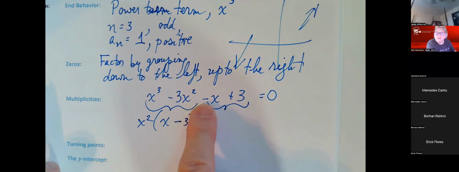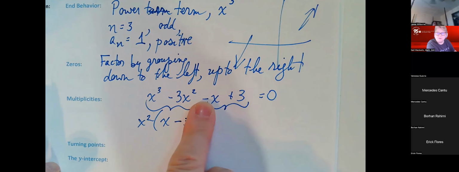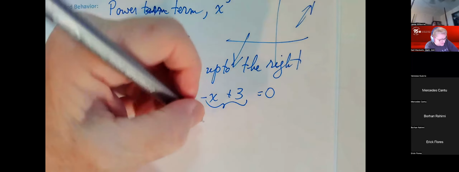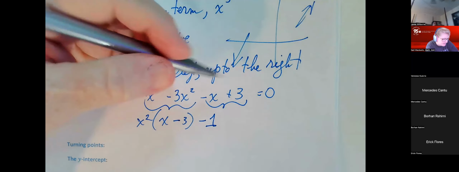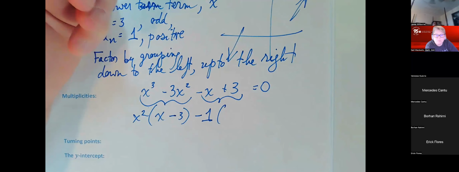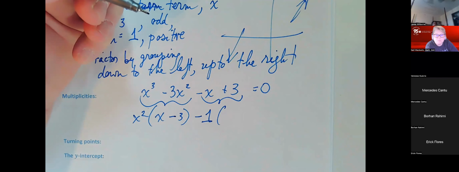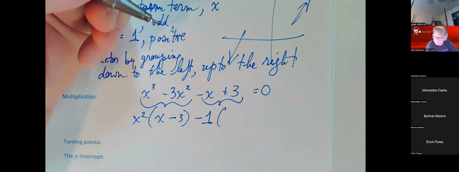Now, we've got a negative in front of the next term. Anytime we have a negative in the middle, we have to factor out a negative 1. Negative x divided by negative 1. Negative divided by a negative, is that positive or negative?